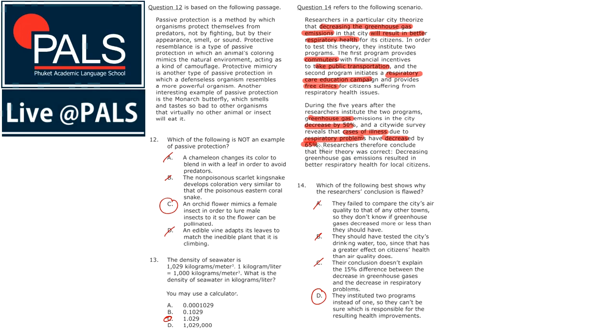Was it the free clinics or was it the decrease in greenhouse gases? So therefore, the experiment was flawed. Just doing one change would have given them more clear results potentially.